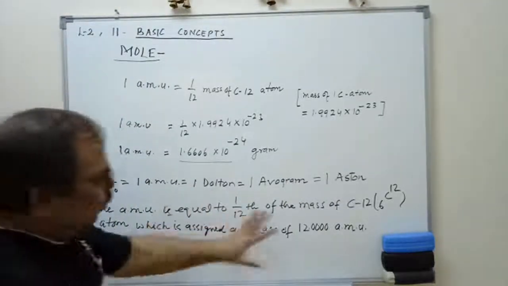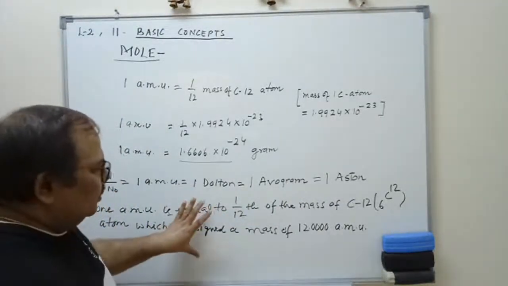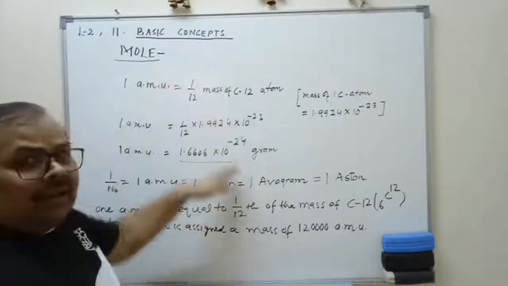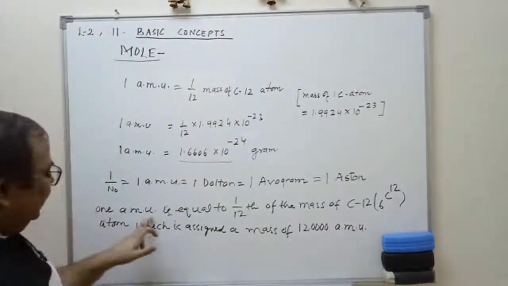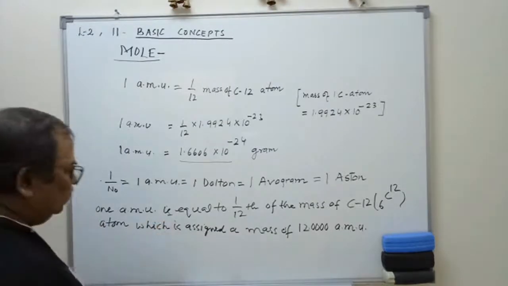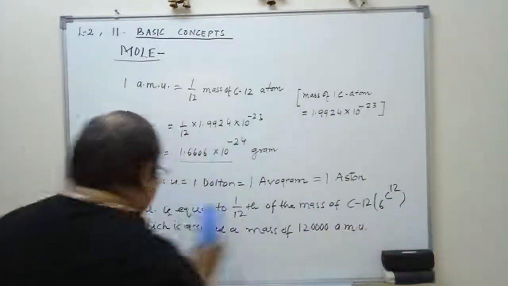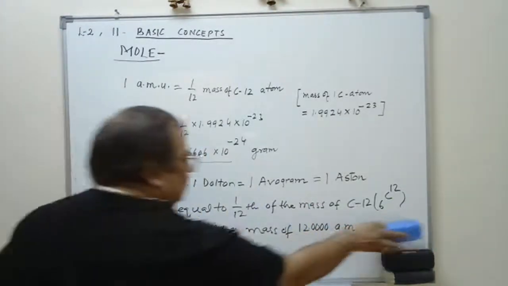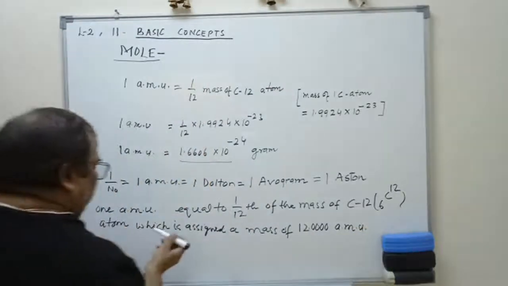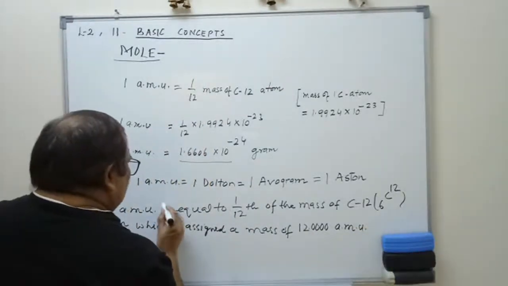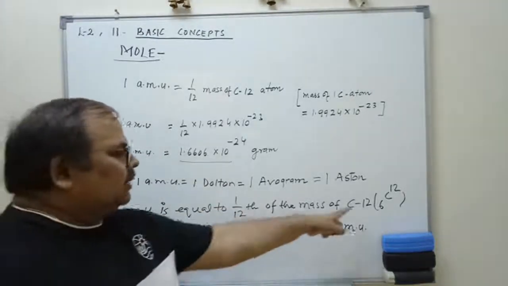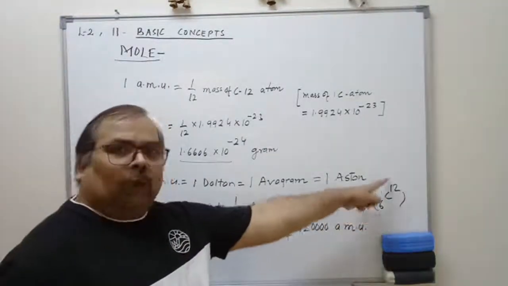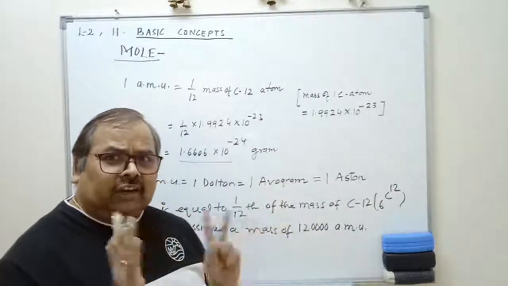Now, how can you represent this one? This is the similar line as I have depicted here. 1 AMU is equal to 1 by 12th of the mass of 6C12. This is the latest definition I want to tell you.